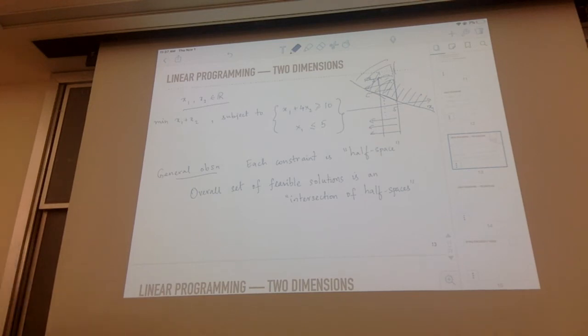Every point in this cone that I drew is a feasible point, and this cone is infinite. This often happens in linear programming. Your set of feasible solutions could be infinite, and sometimes for this reason your objective value could be minus infinity if you're trying to minimize. In which case that's fine. It is what it is.